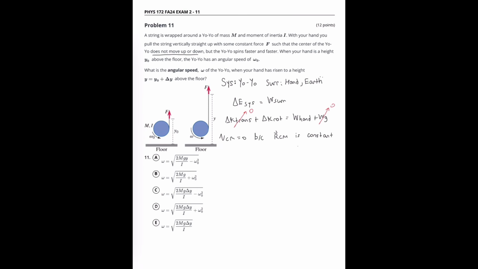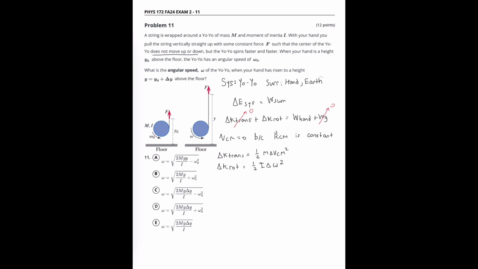So we know by definition that the translational kinetic energy is equal to 1/2 m times the change of velocity squared, and rotational kinetic energy is equal to 1/2 times the inertia times the change of angular velocity squared.